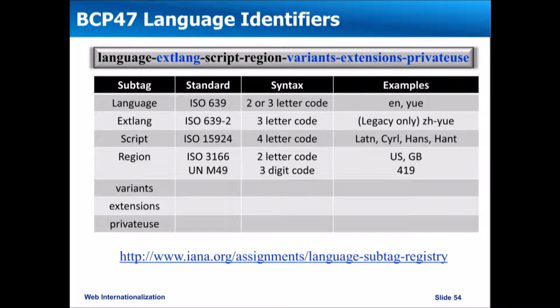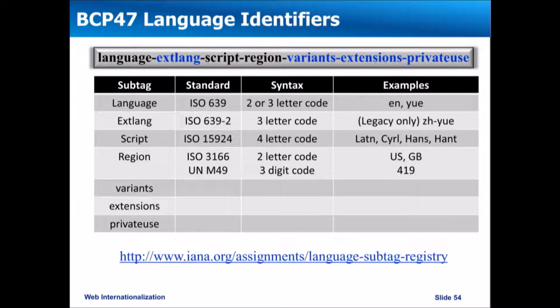Then there can be optionally an extended language tag, a script tag, and a region tag, and then some other special use tags. So language tags all come from these standards, ISO 639 and ISO 639-2. They're 2 or 3 letter codes. I'm guessing everyone in this room is familiar more or less with those.